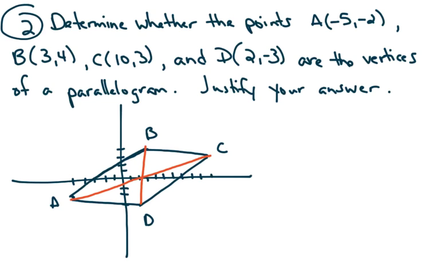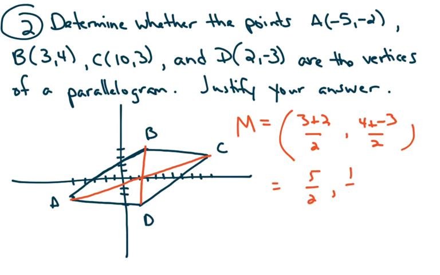We're going to find the midpoint of BD first. Remember, the midpoint is add the x's, divide by 2, add the y's, divide by 2. It's the average of the x's and the average of the y's. So (3 plus 2) over 2 and (4 plus negative 3) over 2 is going to be 5 over 2 and 1 over 2. So that's the midpoint of BD.